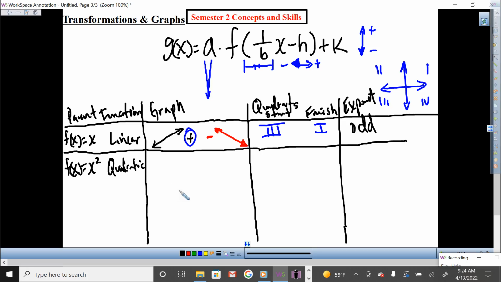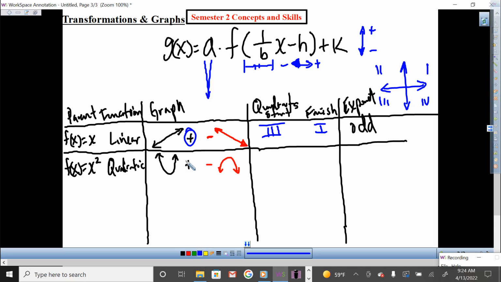Tell your neighbor what that graph looks like, positive and then the negative. Yeah, it's a parabola. It's a happy face for the positive. And if it's a negative, which means a negative coefficient next to the x squared, it would be a sad face or an upside down parabola.